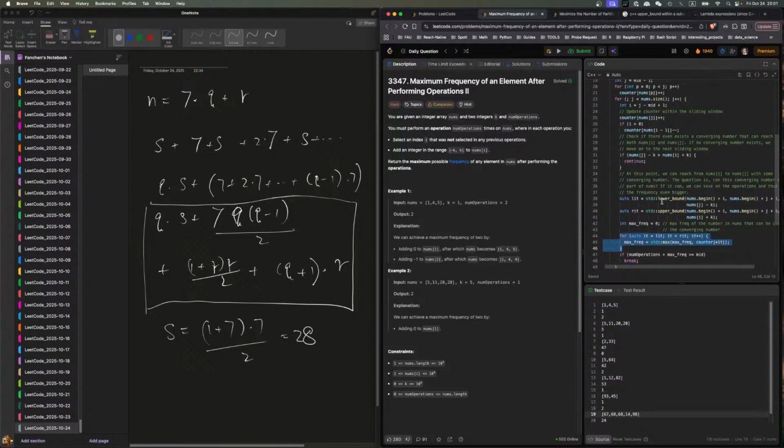How can you keep track of the largest number?